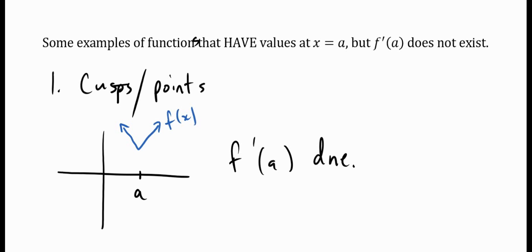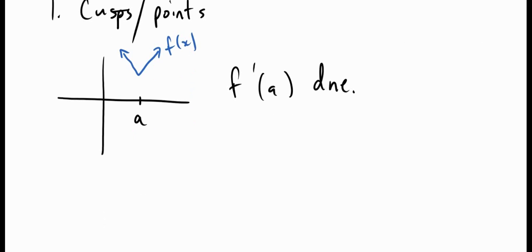But it's different in that a parabola has a smooth transition from decreasing to increasing or vice versa, whereas the absolute value halts immediately and changes direction. And so that's like a cusp or a point. It's changing direction on a point, not through a curve. So for the absolute value function, the derivative doesn't exist.